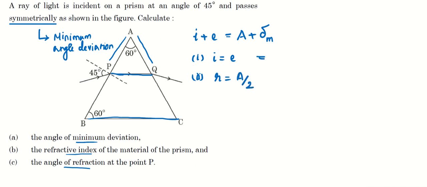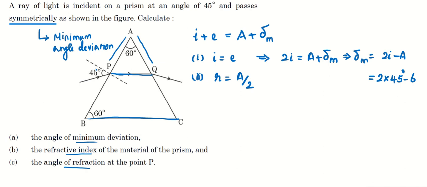So if you plug this into the previous equation, we can get delta M. That is 2I equals A plus delta M. So delta M gives you 2I minus A. So 2 times I is 90 degrees and the angle of the prism is 60 degrees. So 90 minus 60 gives you 30 degrees. So the answer is delta M equals 30 degrees.